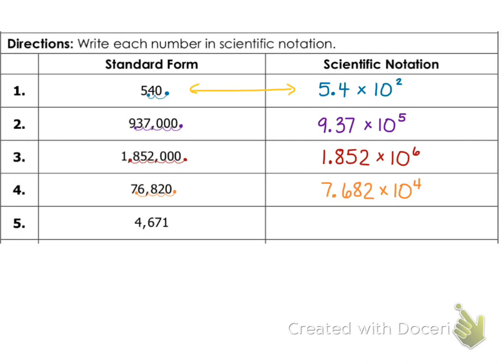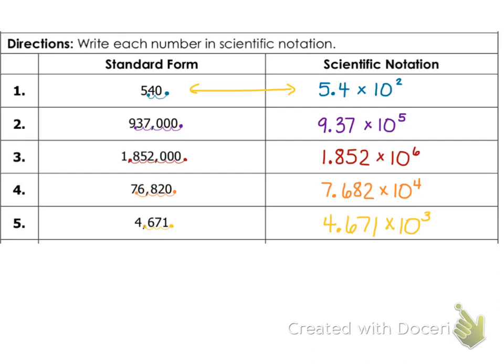We need to multiply 7.682 times 10 to the 4th so that the numbers are the same. For number 5, the decimal point is after the 1, so we move it in between the 4 and the 6. Since we moved the decimal point 3 times, we multiply times 10 to the third.